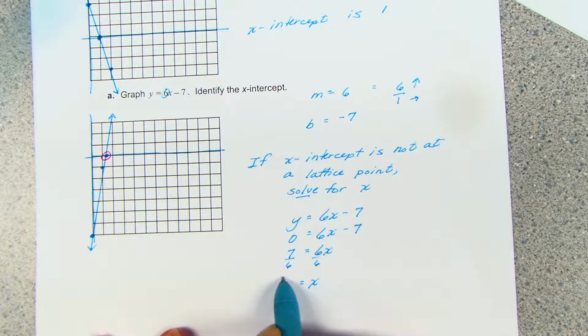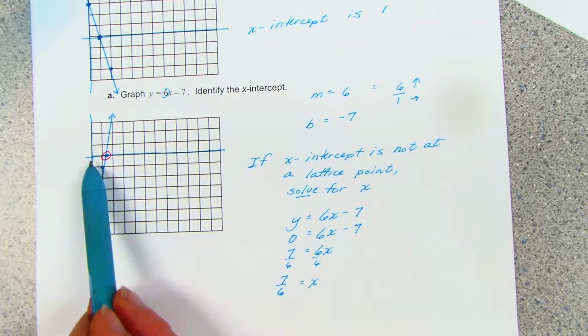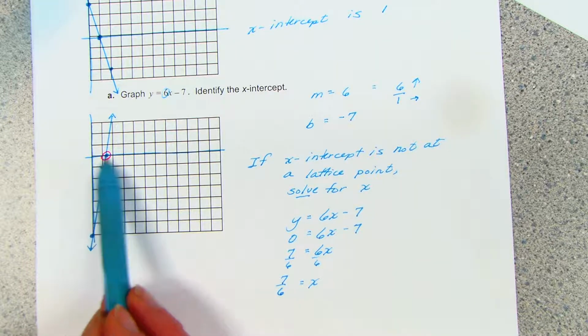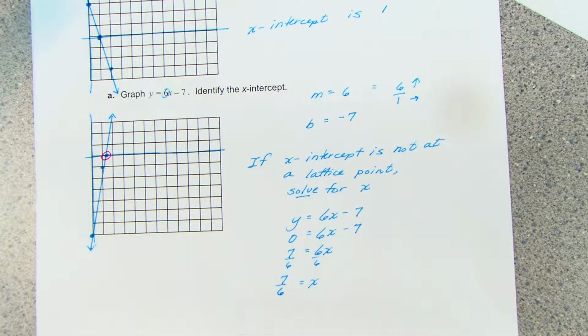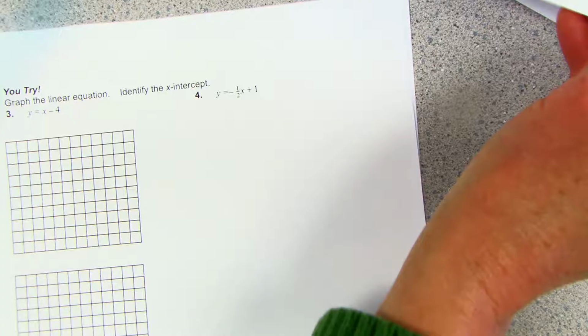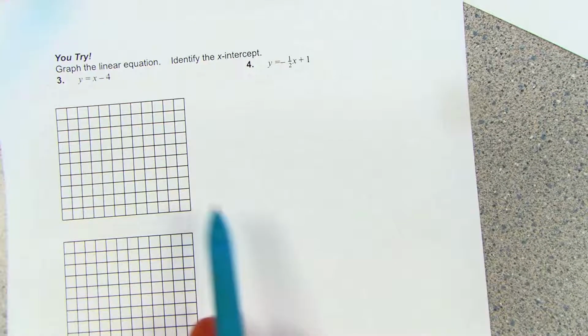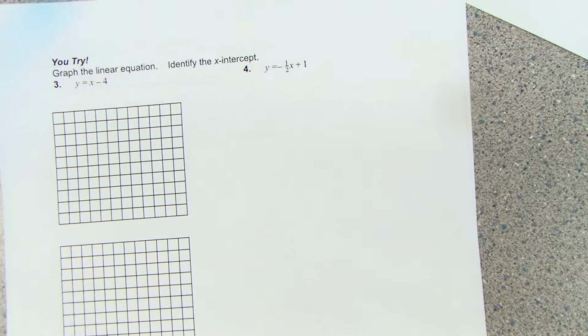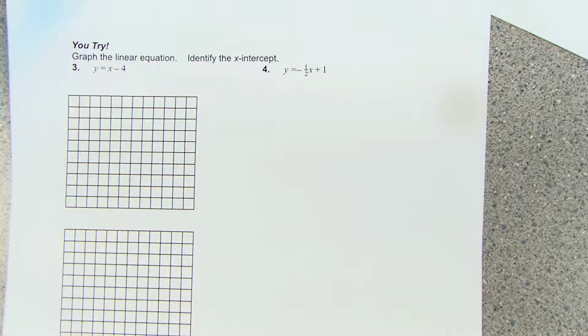So x is 7 over 6, or 1 and 1/6. And I can see that that's about right, even with my inexact graph. There's over 1 and about a sixth, right? Nice. All right, so you have 2 problems, and hopefully at least one of those you're going to have to solve for the x-intercept.